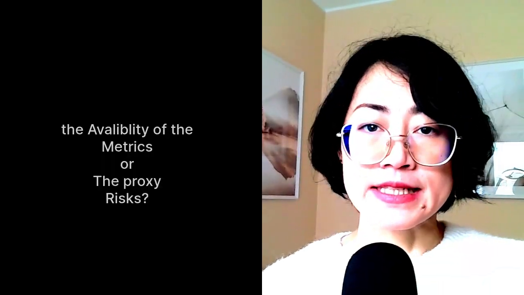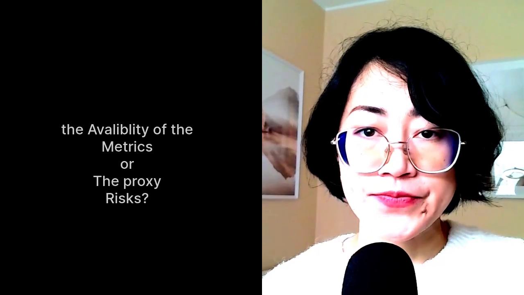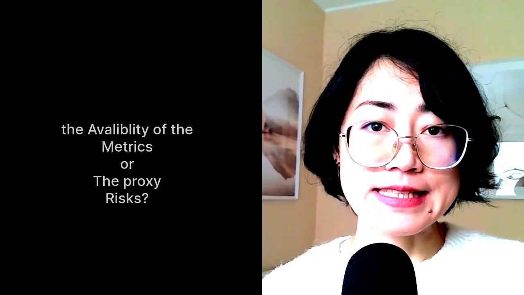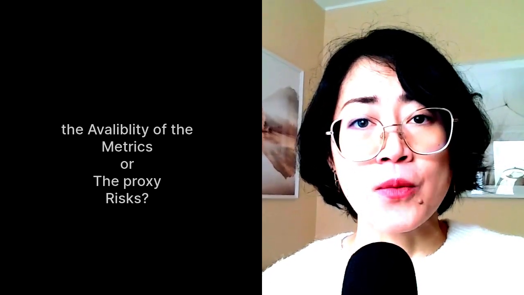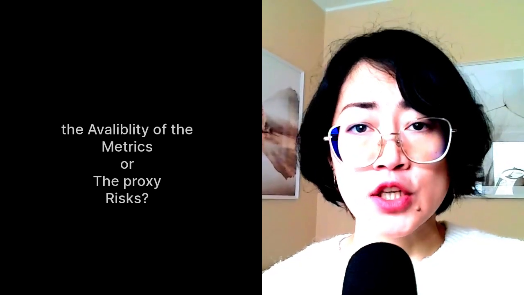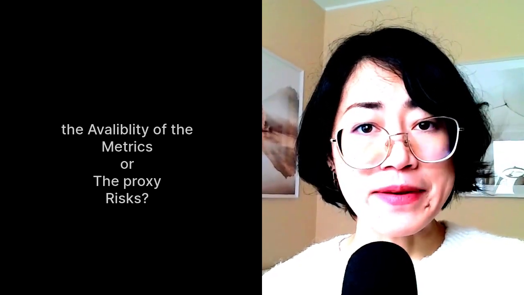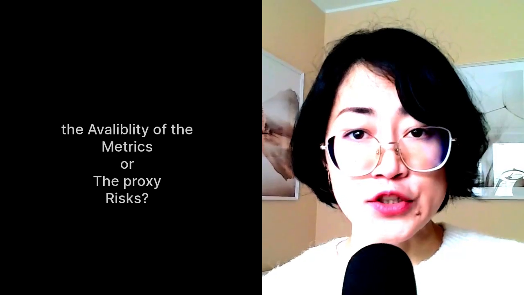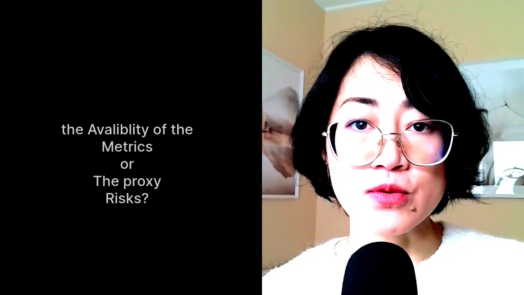Think about the availability of the metrics you want to measure. Which metrics can you get easily and what do we need to collect in the future? Without ideal metrics, could we build an index from existing data to proxy what you want to measure? And what could be the risks?